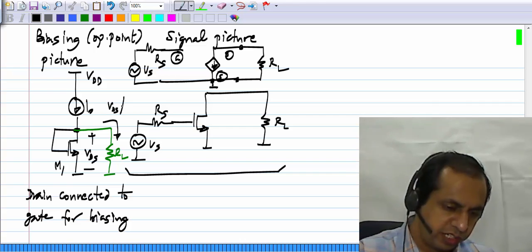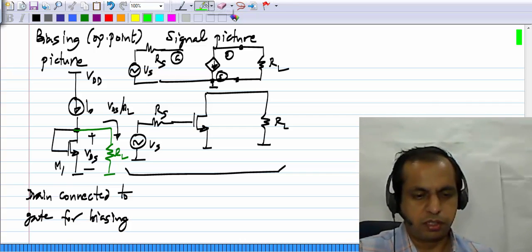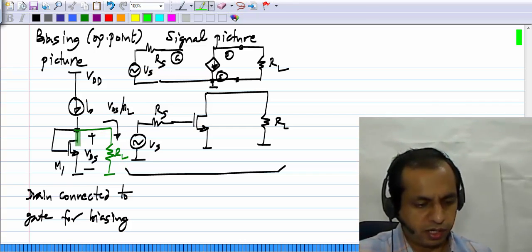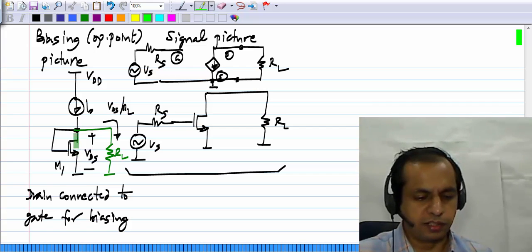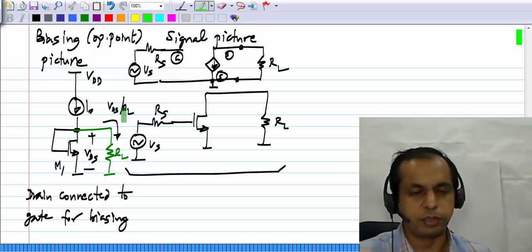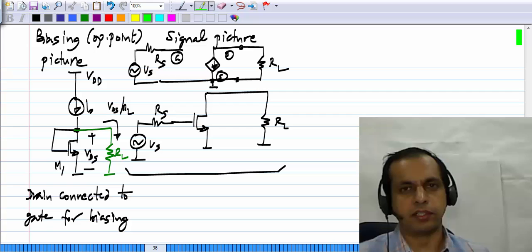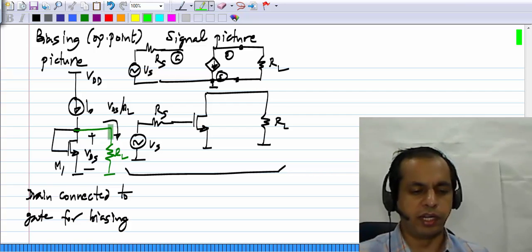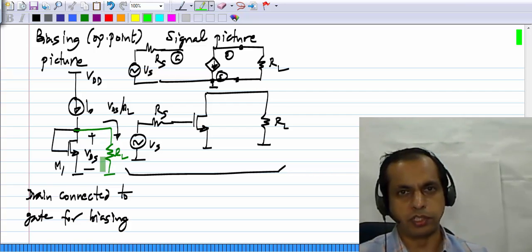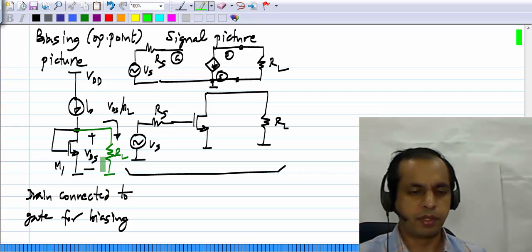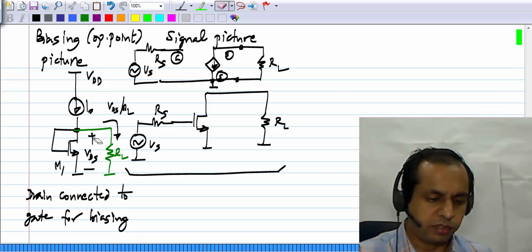So VDS by RL will flow that way. So the current, in steady state, this drain current will not be equal to I0, but it will be equal to I0 minus VDS by RL. So this is an unnecessary complication. You don't want this RL to draw any operating point current. It's totally useless. There is no point in doing that. So what do we have to do? We have to connect it differently. We can't connect it directly.